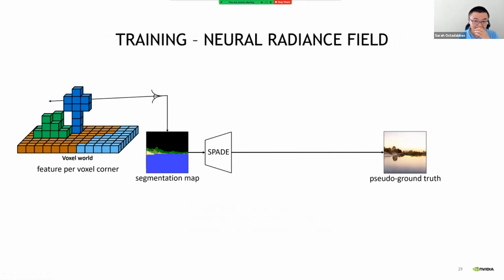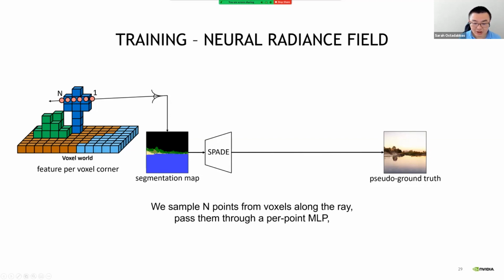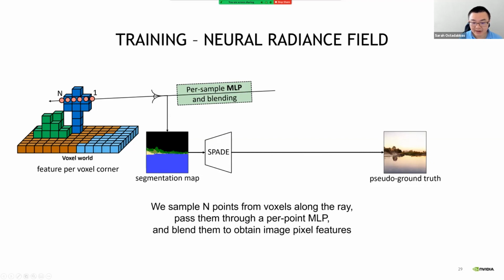All right. And we use a neural radiance field, something that became popular because of the NeRF work. So for a ray, we sample endpoints from the voxel, and for each of them we compute the feature, and we aggregate them, and finally we get the feature per pixel.